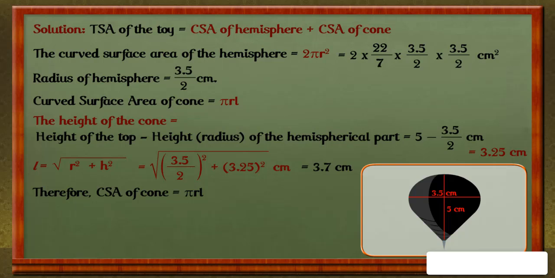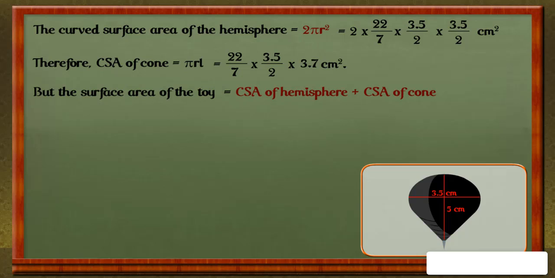Therefore, CSA of cone is equal to pi r l, which equals 22 by 7 into 3.5 by 2 into 3.7 centimeter square. But the surface area of the toy is equal to CSA of hemisphere plus CSA of cone, which is equal to 2 into 22 by 7 into 3.5 by 2 into 3.5 by 2 centimeter square plus 22 by 7 into 3.5 by 2 into 3.7 centimeter square.